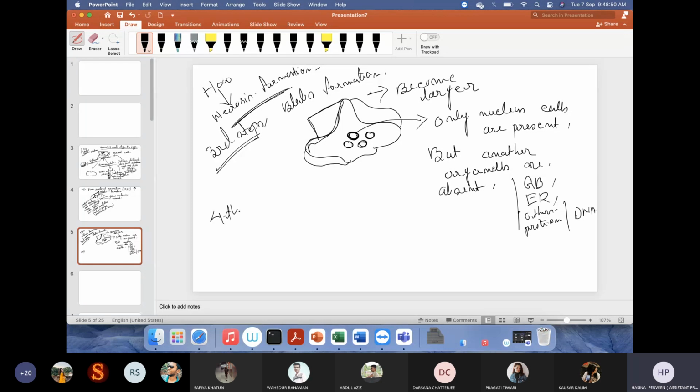This is the fourth step, and necrosis cell formation in this stage.